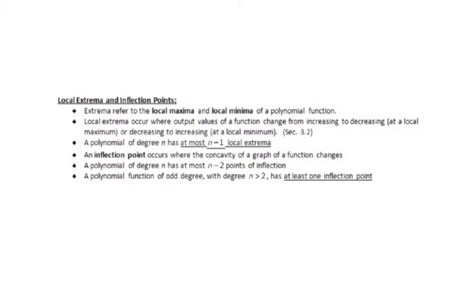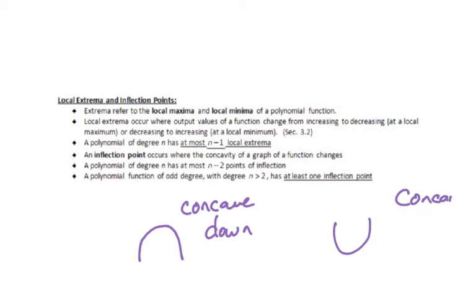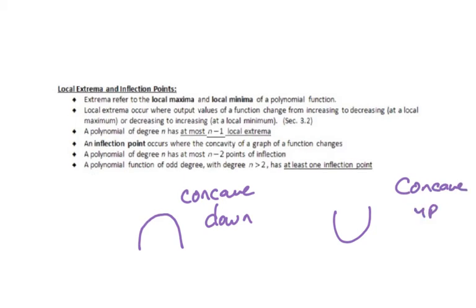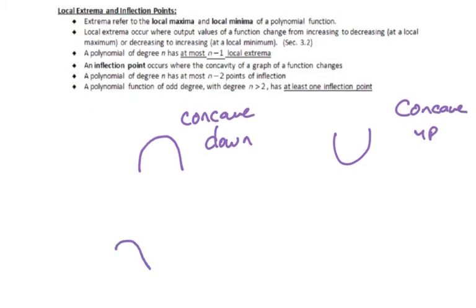Okay, an inflection point occurs when it changes concavity. So what does that mean? So concavity, this is concave down. This is concave up. When it changes concavity, so if it's something like this, it's changing somewhere here from concave down to concave up.